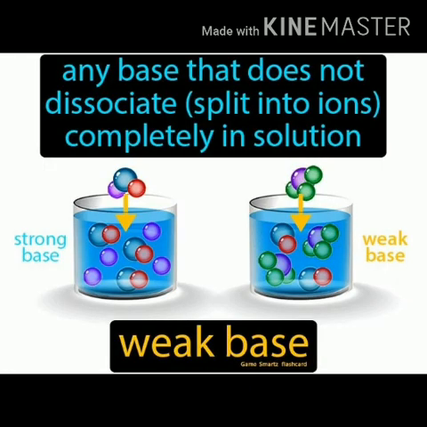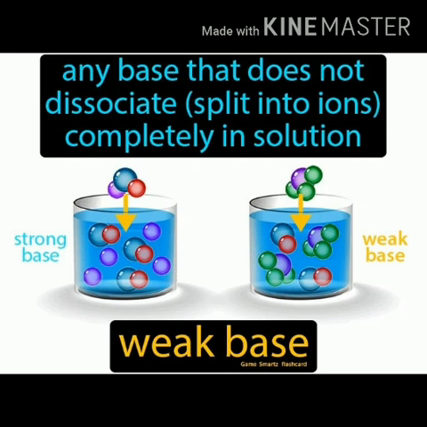Now it is the same for bases. If all the molecules in the base dissociate 100%, it is called a strong base. That means they are giving OH minus from all the base molecules present in the aqueous solution, then they are called a strong base.